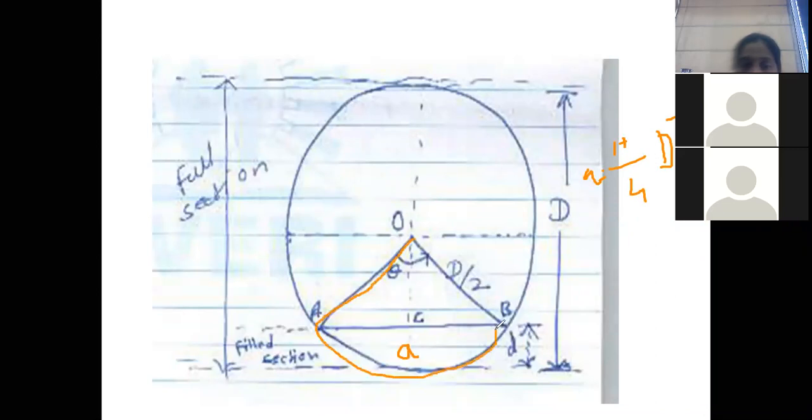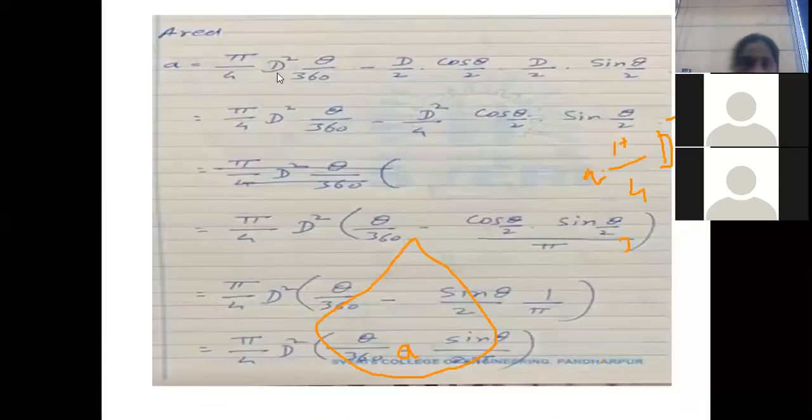So we can calculate the area of the section. We know the equation to determine the area of a section, that is pi by 4 D square multiplied by theta upon 360. That equation you know. So that is pi by 4 into D square into theta upon 360.